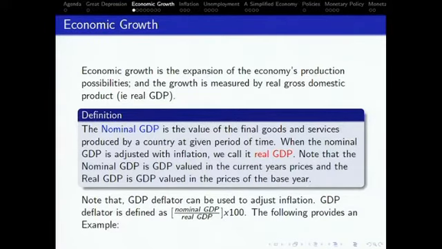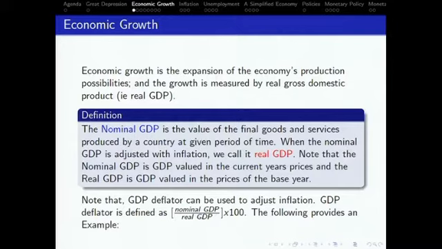Sorry? 2. Multiply by 100, 200. That means the economy has 200% inflation. And we know that because your price is 10 and it becomes 20. Does it make sense?